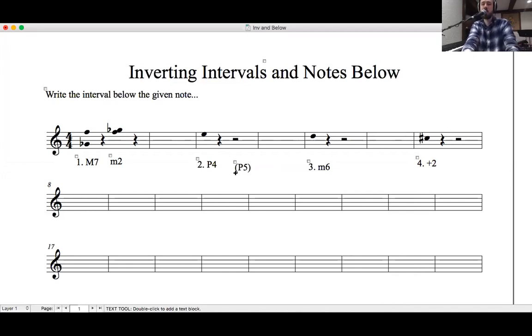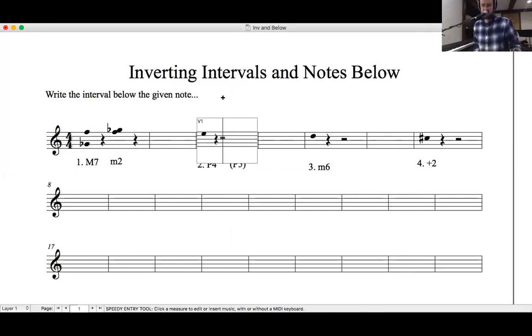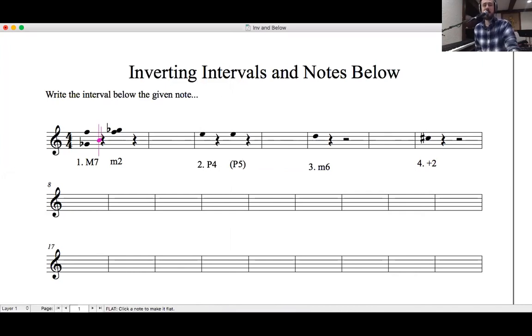Because we want the quantity to add to 9, 4 plus 5 equals 9, and perfect stays perfect. So if I can build a perfect fifth above E, that means that I can have a perfect fourth below it. So what's a perfect fifth above E?